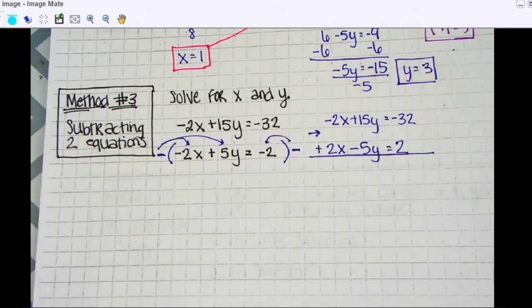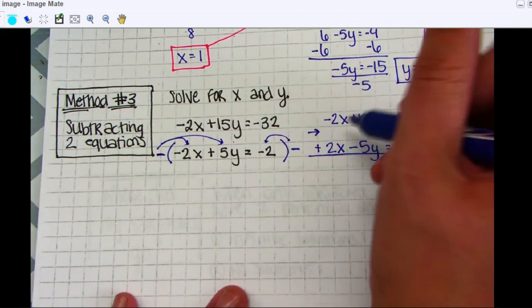The processes all kind of go together. You need to use a combination of all of them on certain problems. But the one that's not combined with all the other ones is substitution. So substitution does not involve elimination or anything like that.